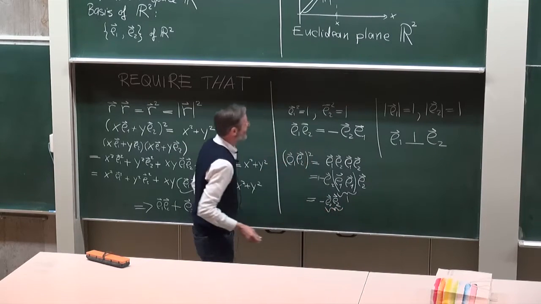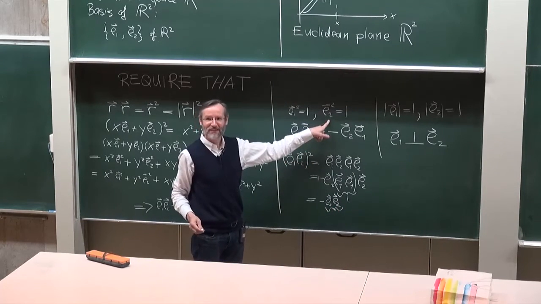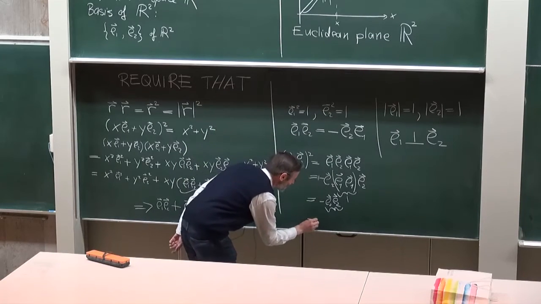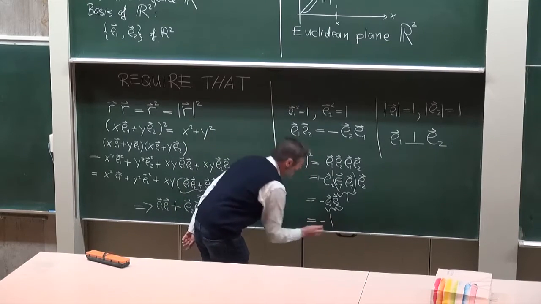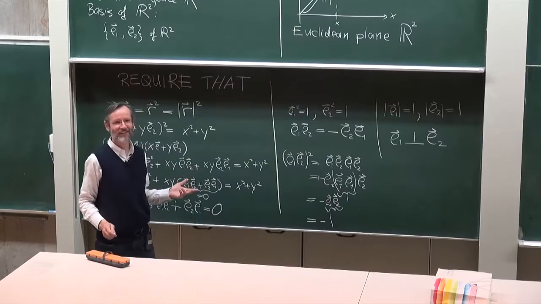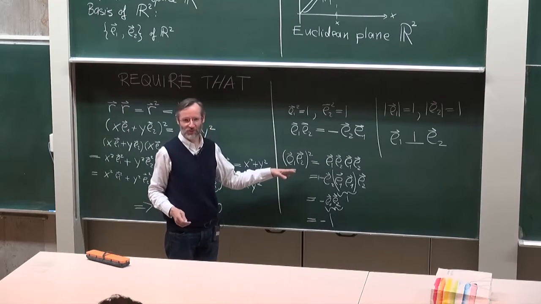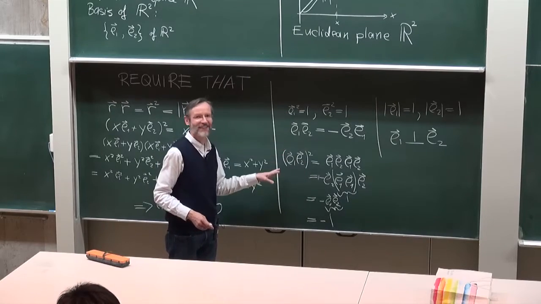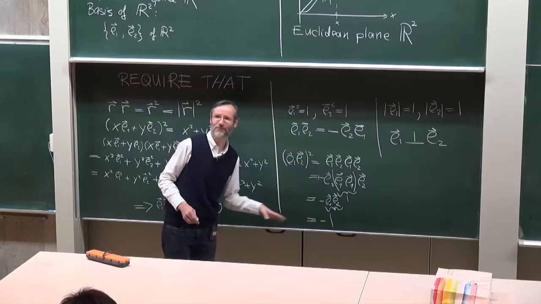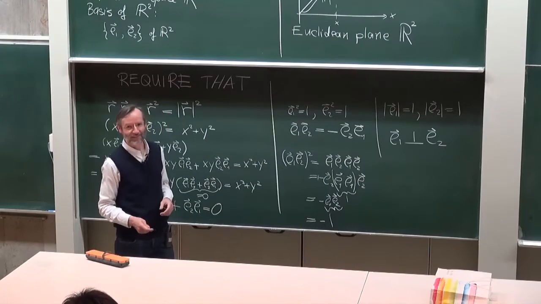And again, I know E2 squared is 1, so the whole result is very simple, minus 1. So if you take E1 times E2 and square it, you get minus 1, nothing but minus 1.